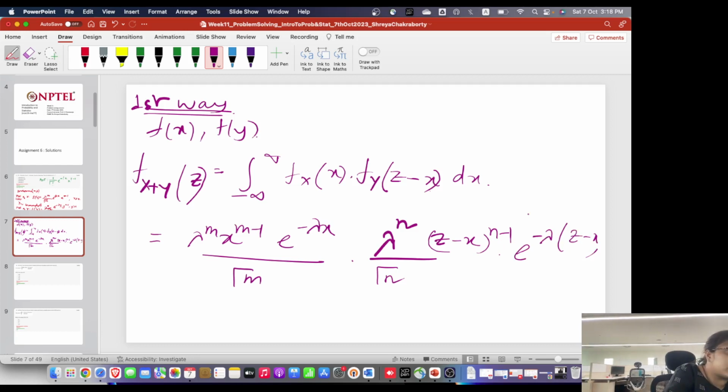Now this entire thing we have to integrate from 0 to infinity, that is the range of x, dx.